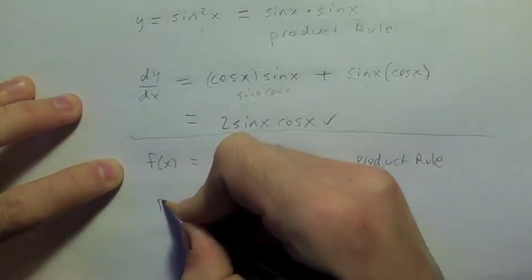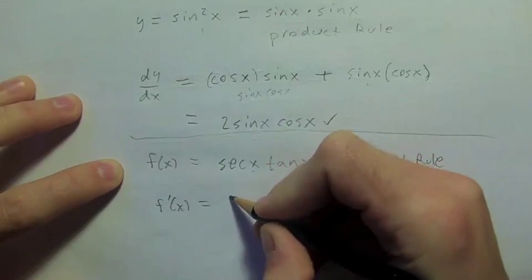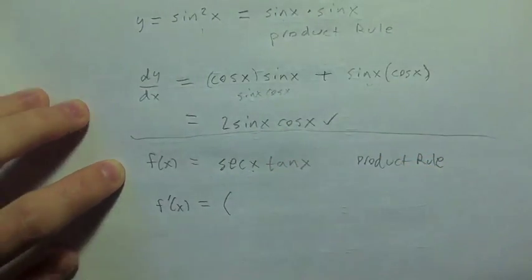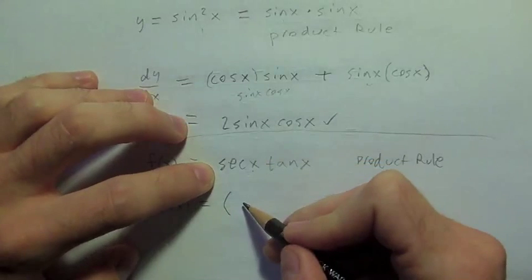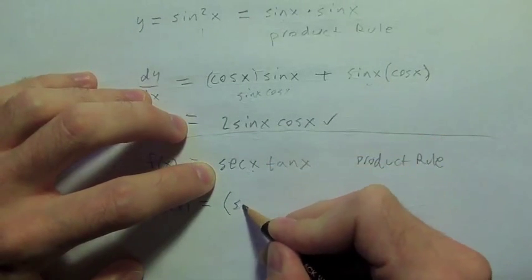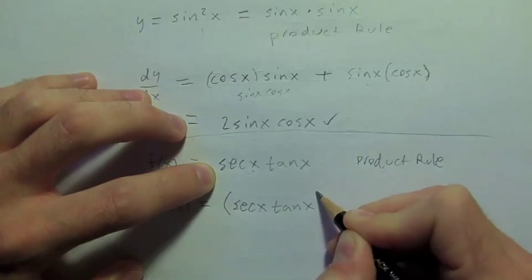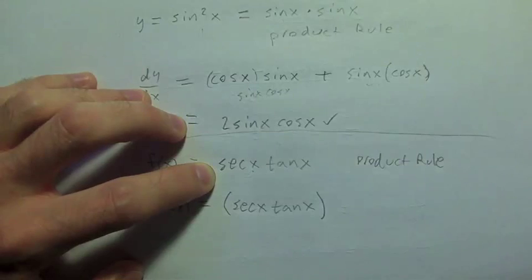So when I take the derivative, it will be the derivative of the first, which I will put in parentheses. The first function is secant. What's the derivative of secant? It is secant x tangent x. So there's the derivative of that guy.